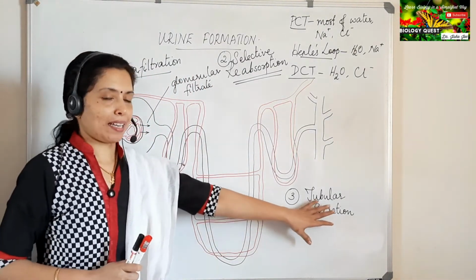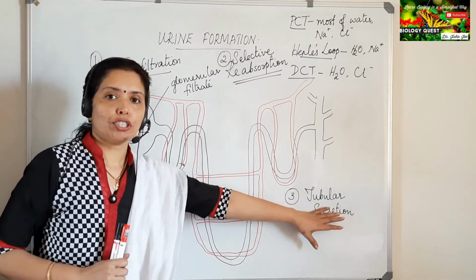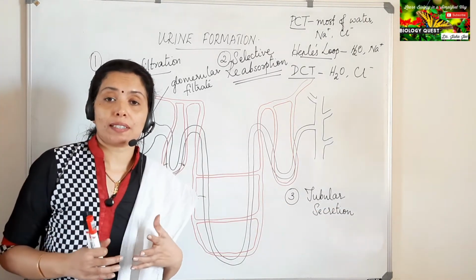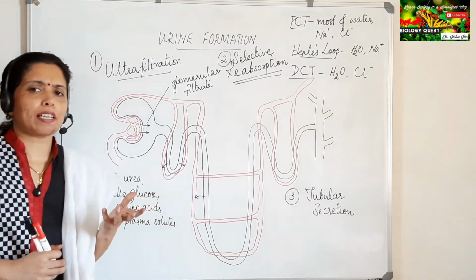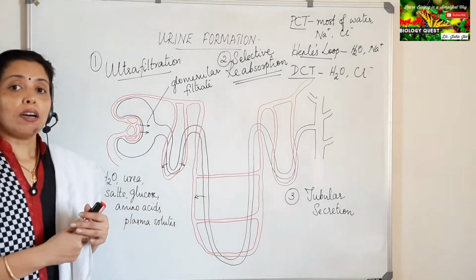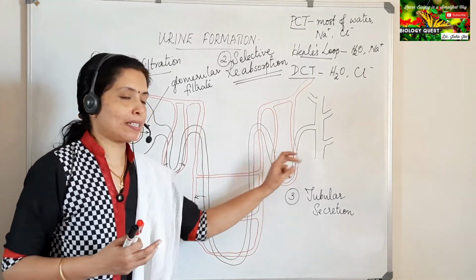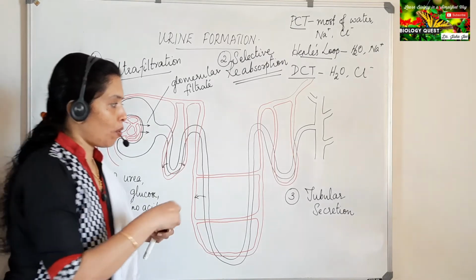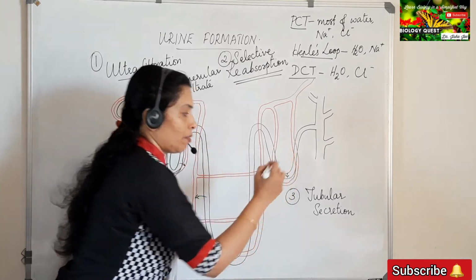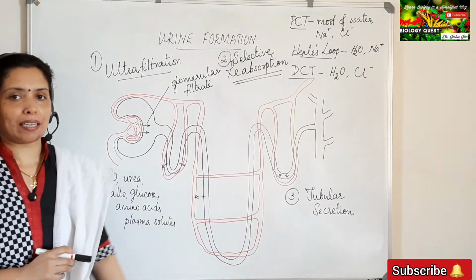As the name indicates, the secretion takes place from the walls of the tubule, tubular secretion. Certain substances like potassium ions, or certain harmful substances, or maybe even drugs like penicillin, may be secreted through the walls of the DCT into the filtrate that is present inside the DCT, after all the reabsorption has taken place.